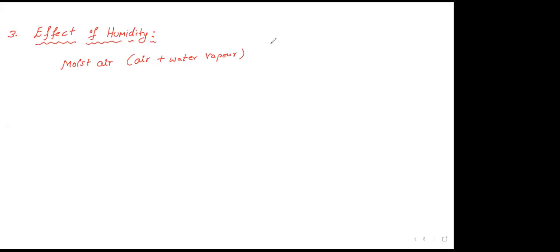Moist air has less density. Remember this, moist air has a lesser density compared to dry air. Very, very important. So the density of moist air is lesser than dry air.